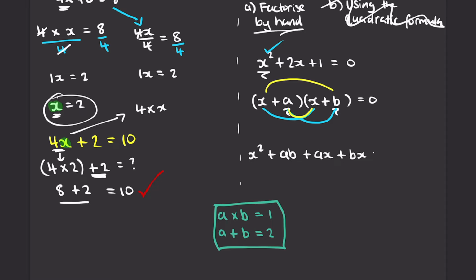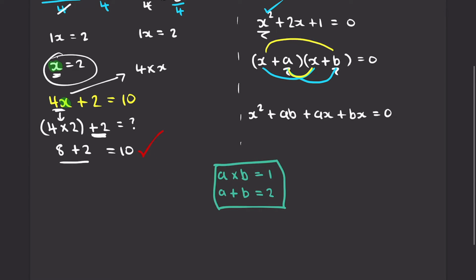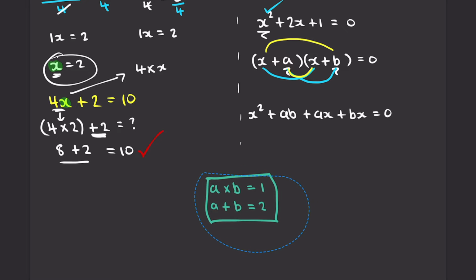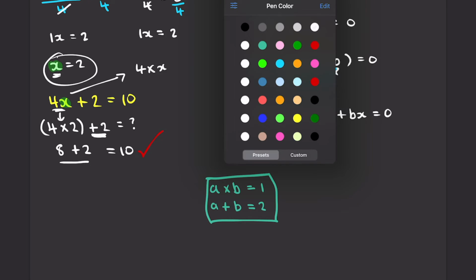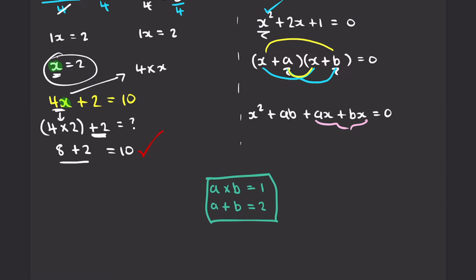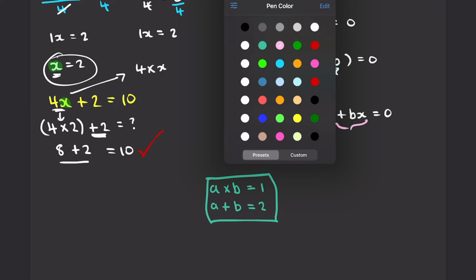bx equals 0. So this seems a bit complicated, but I'm just going through the algebraic method before we actually plug in numbers, because it'll be so much easier in the long run. So here we have a like term, x, so we can factorize this out.